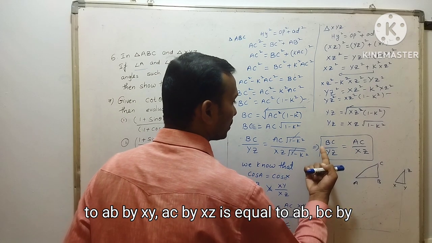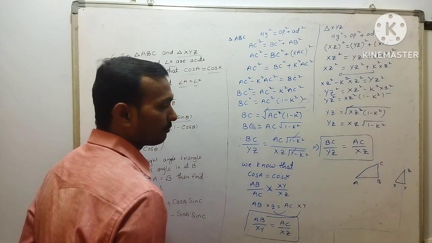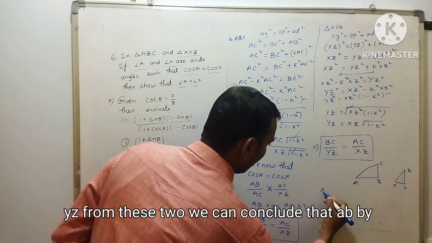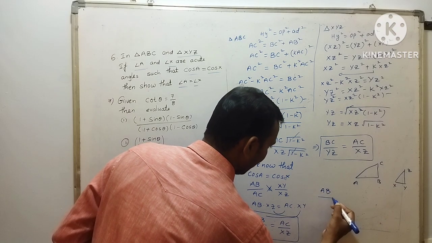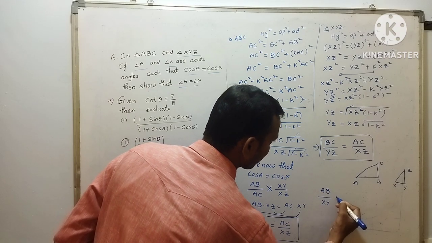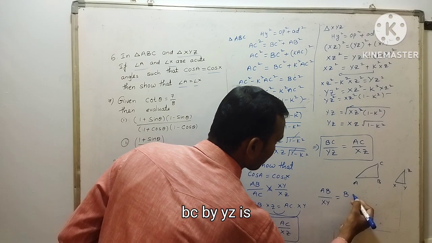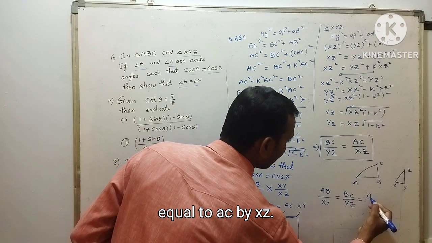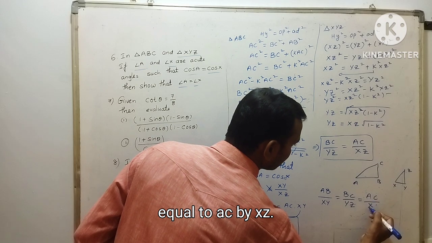AC by XZ is equal to BC by YZ. From these two we can conclude that AB by XY is equal to BC by YZ is equal to AC by XZ.